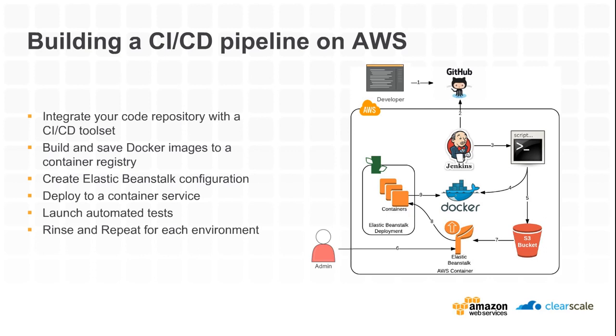And it will handle the ECS portion, getting the application installed, handling your auto-scaling features, and configuring your ELB. And then as an add-on to that, let's launch some automated tests, and then rinse and repeat this for each environment you're stepping through, right? Development, QA, staging, production. They're the common ones.